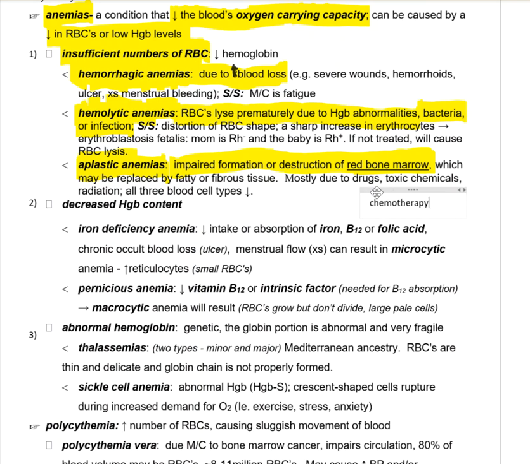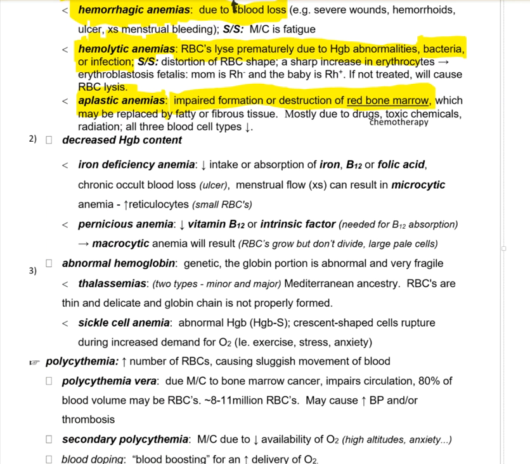Even though chemotherapy is useful because it helps us destroy cancer cells, unfortunately it will destroy other rapidly dividing cells, so it can destroy the red bone marrow stem cells.